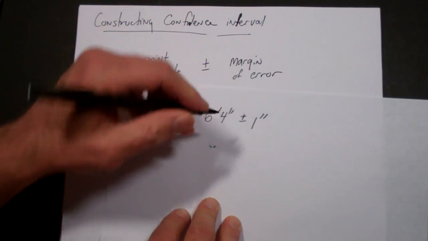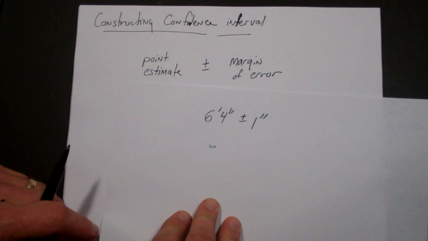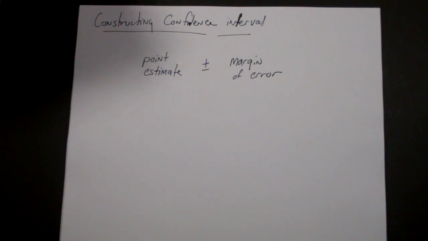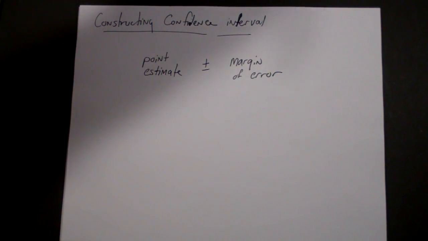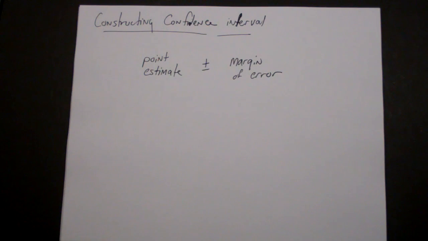So basically we add a 1-inch margin of error there. Sometimes in more practical places we call this a margin of safety. Right? So if this is how we're constructing a confidence interval, then we need to think about what we mean by a margin of error.